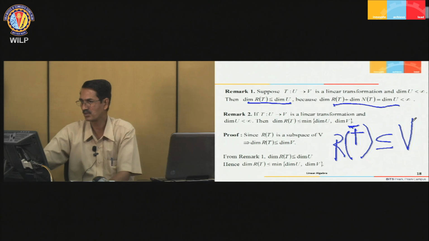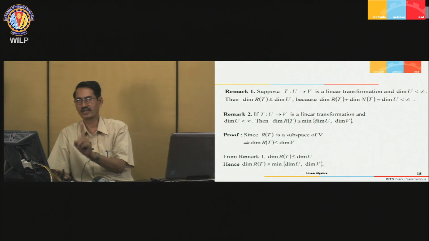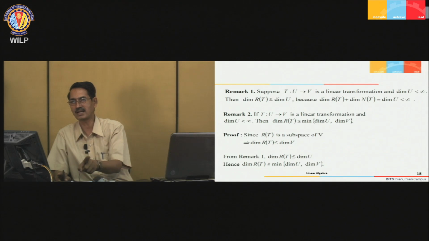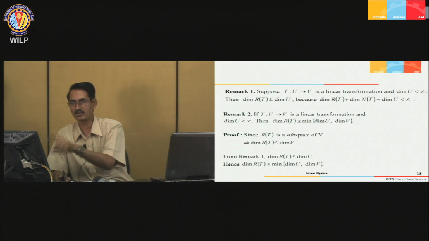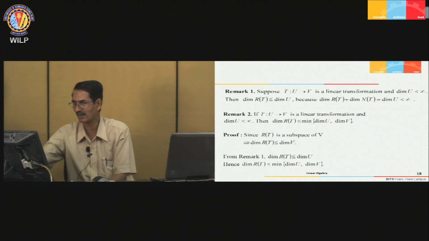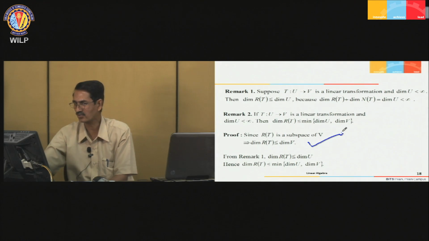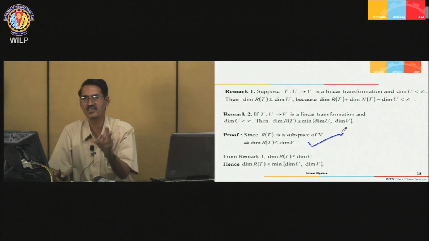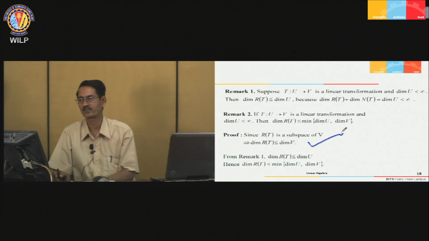So if T is a linear transformation from U to V and U is finite dimensional, then dimension of range space of T is less than or equal to dimension of U. Since R(T) is a subspace of V, it is also less than or equal to dimension of V, and hence dimension of R(T) will always be less than or equal to the minimum of dimension of U and dimension of V.